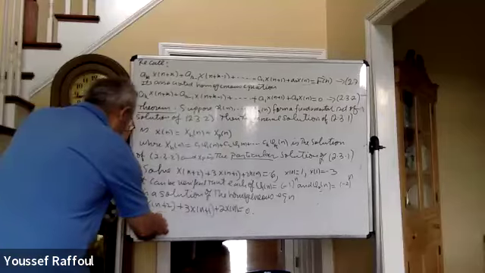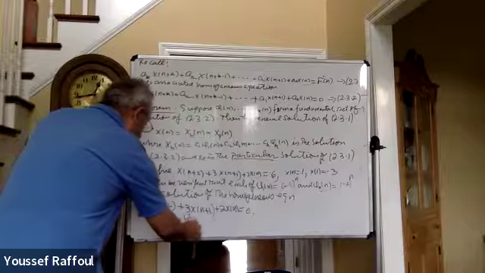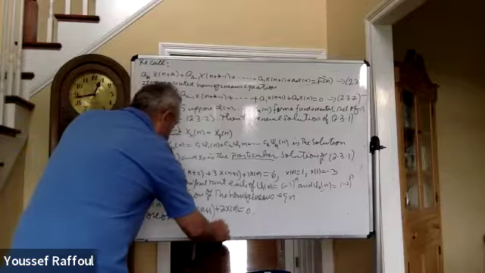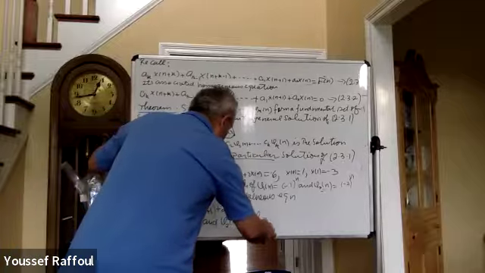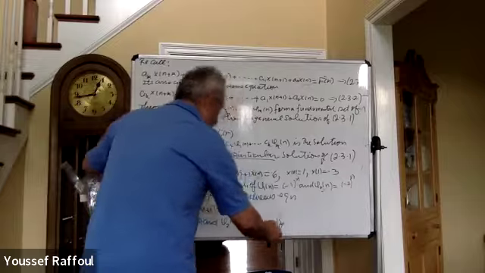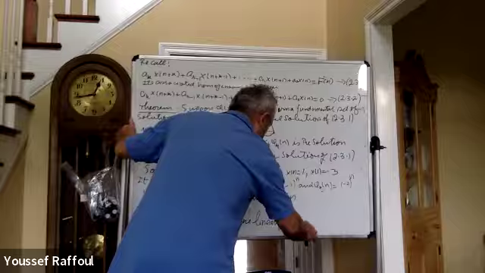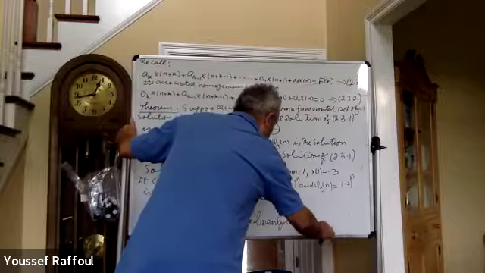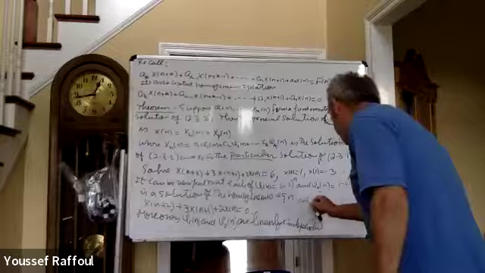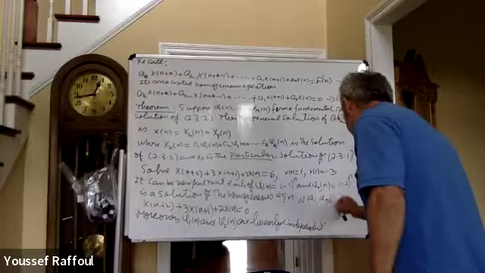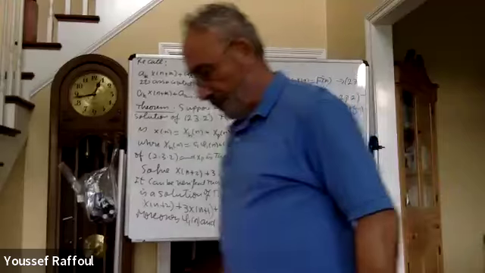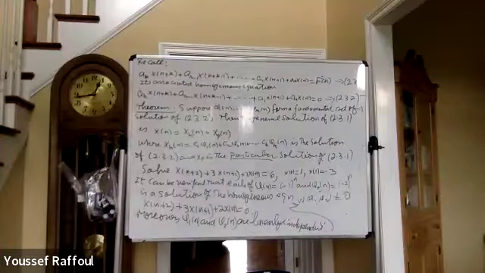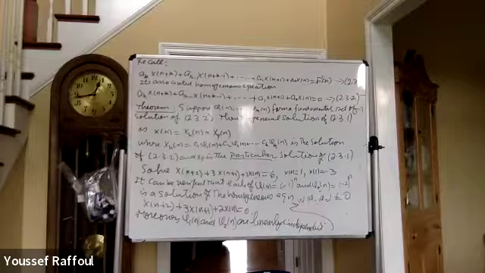Moreover, phi 1 of n and phi 2 of n are linearly independent. So basically what I mean by that, W of phi 1, phi 2 is not 0. This is what we mean by that. Okay? I'm not done yet.